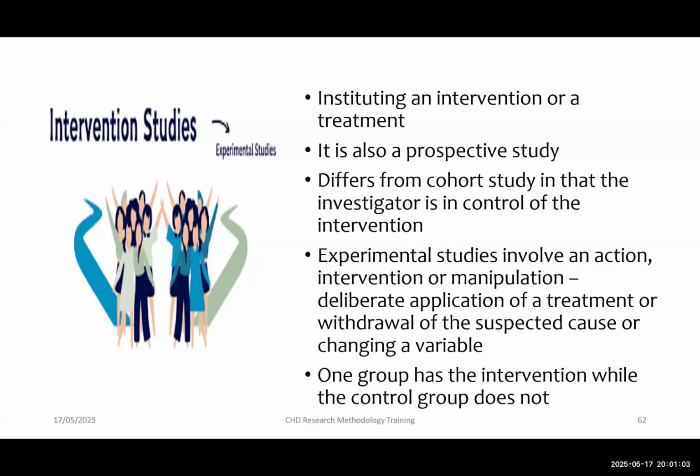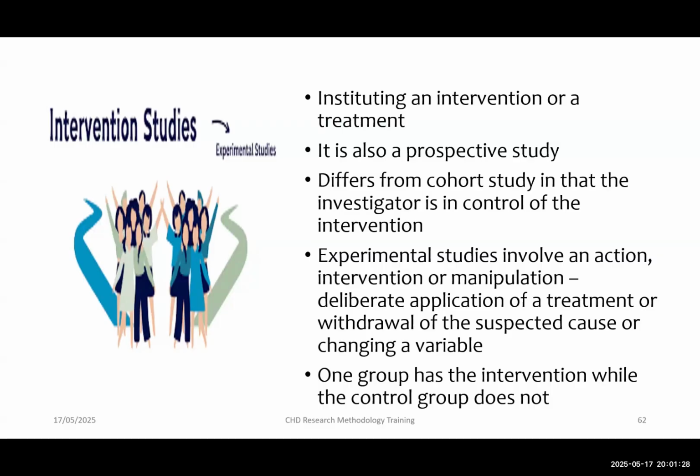It differs from a cohort study in the sense that the investigator is in control of the intervention. The investigator decides who is in the intervention group and who is not. In an observational study, the human beings decide for themselves. This person is obese, so obviously he falls into this group.